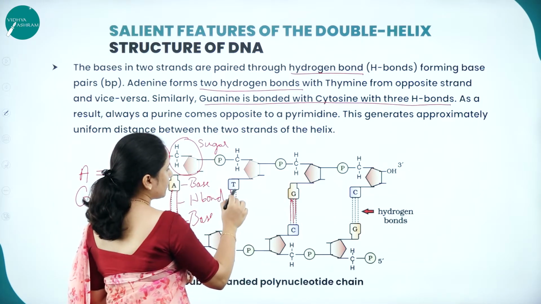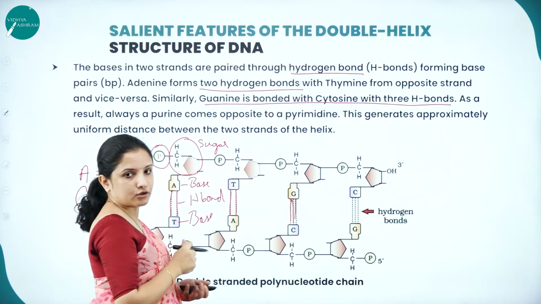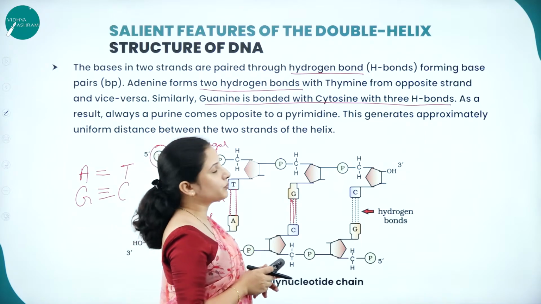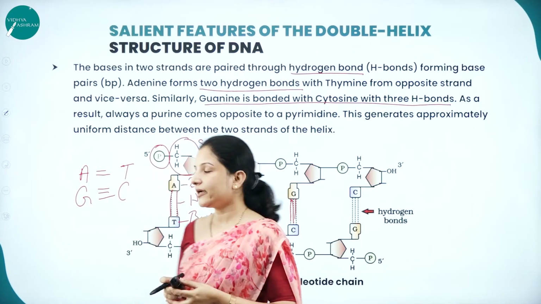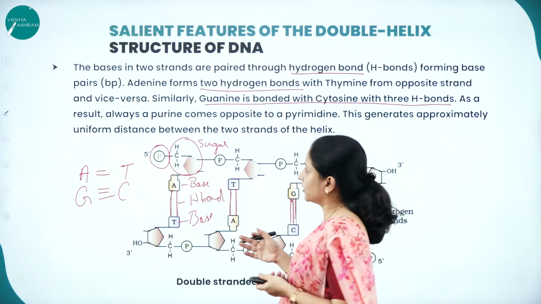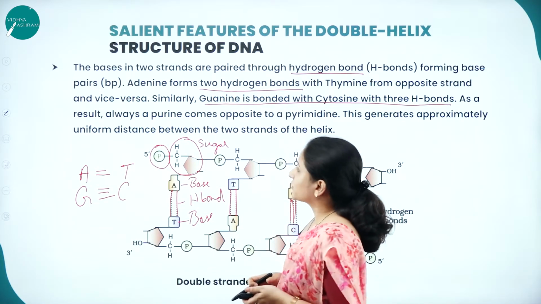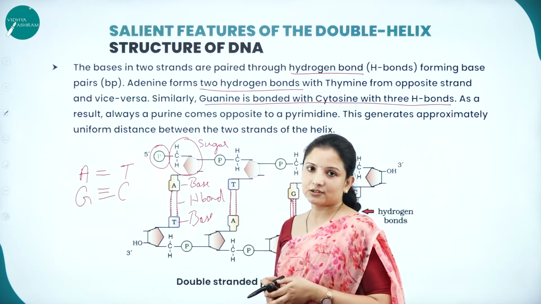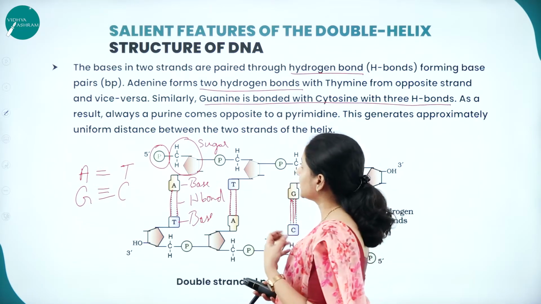Adenine thymine or thymine adenine, they have 2 hydrogen bonds. So that is how they are bonded, and always a purine comes opposite to a pyrimidine. That is true, right? Because a purine is always opposite to a pyrimidine, and this generates approximately uniform distance between the 2 strands of the helix. So, this is the structure of the DNA helix.